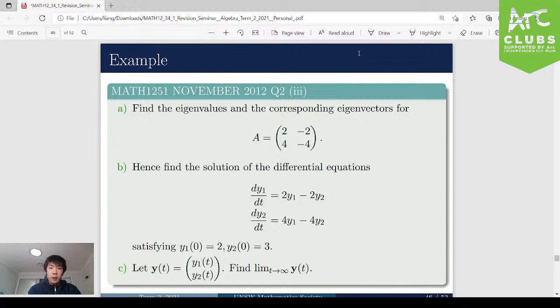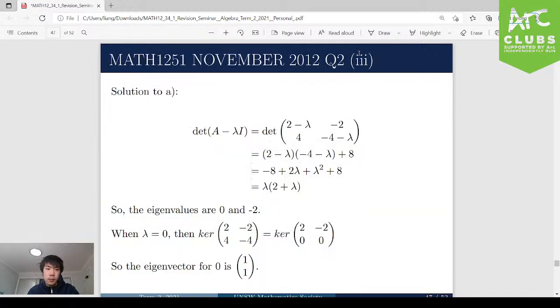Firstly, for part A, find the eigenvalues and the corresponding eigenvectors for the particular matrix A. We did this in the past two examples already, so I'll just quickly show you the solutions. You take the determinant of A minus lambda I, and you end up with eigenvalues of 0 and minus 2.